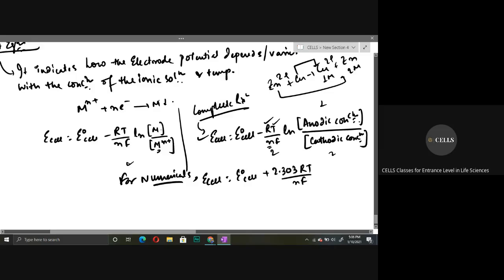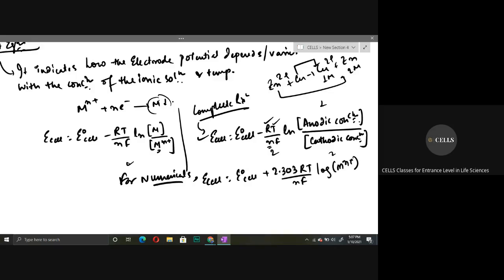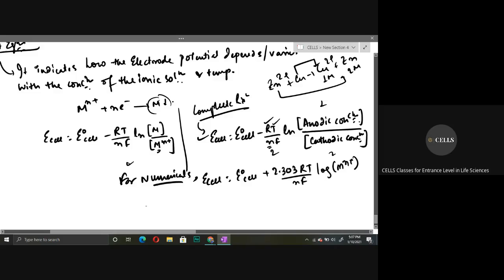Plus, because I have changed this order, log of Mn+. The concentration of a particular substrate, if it is not charged and not an ionic solution, is not an ion, so its concentration will be 1. Now again, let's simplify it. Suppose we are considering a reduction reaction.